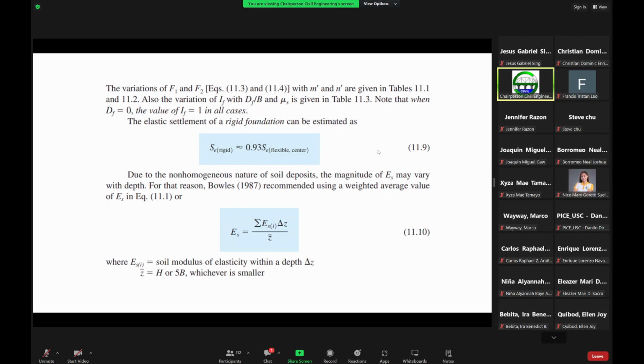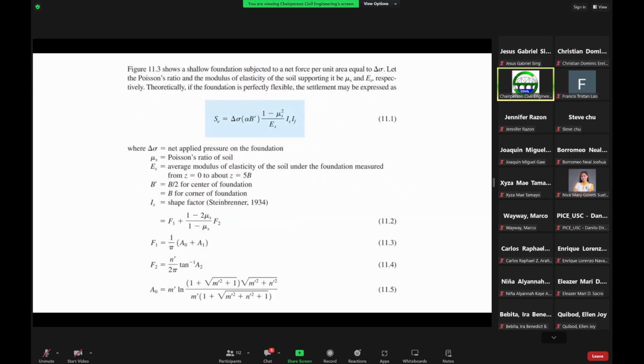Now we have calculated the elastic settlement for a flexible foundation, which is given by this formula here.